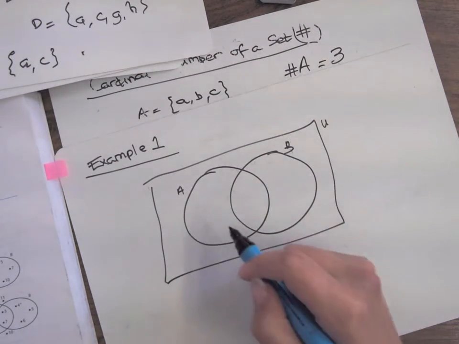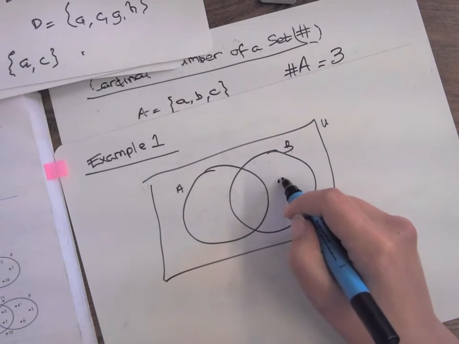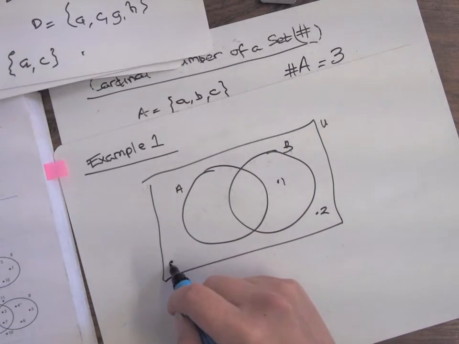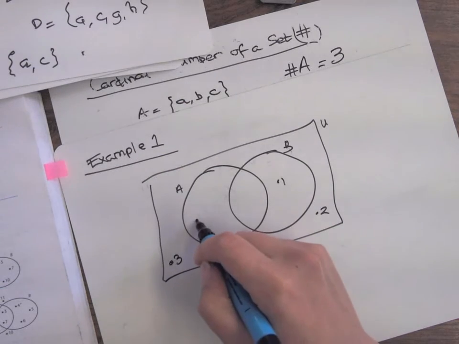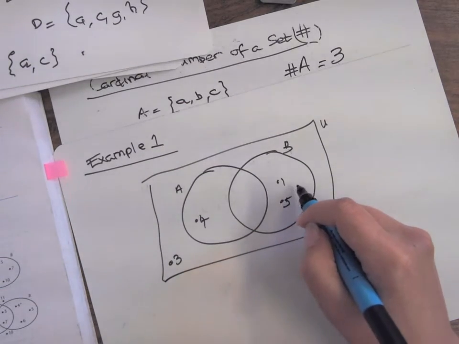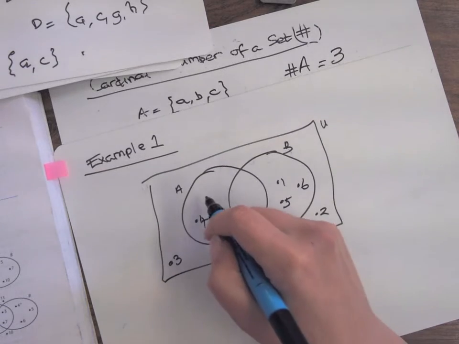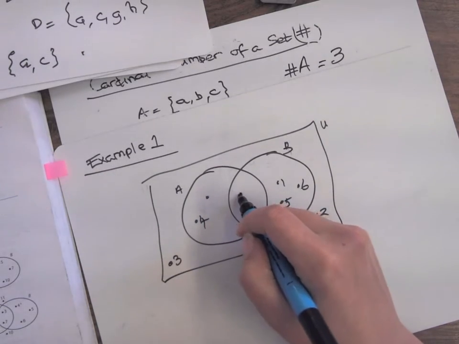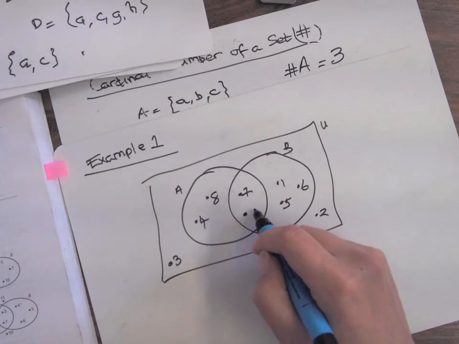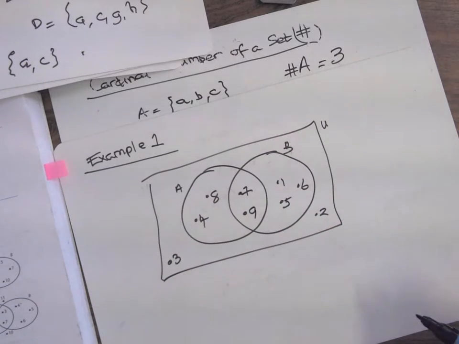Right, okay, so I'm going to go 1, 2, 3. Do you remember the Venn diagrams from last year?